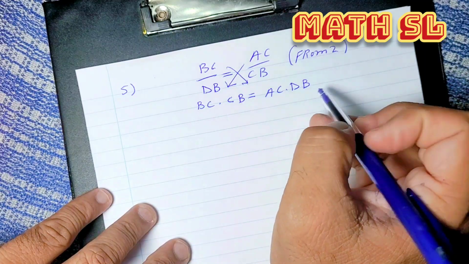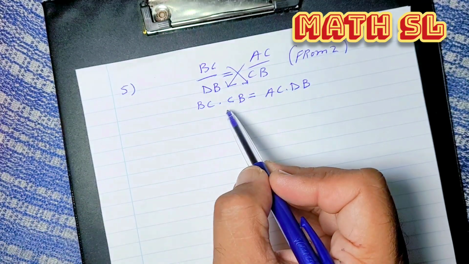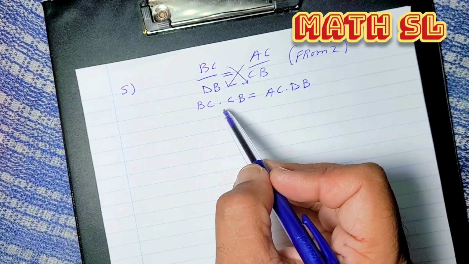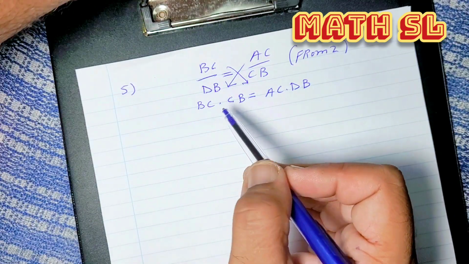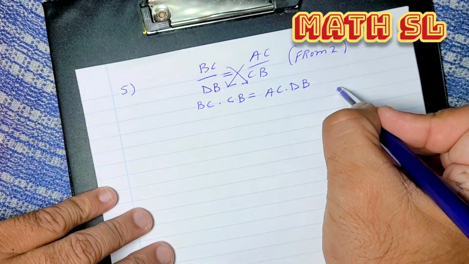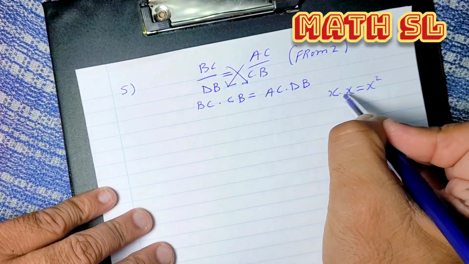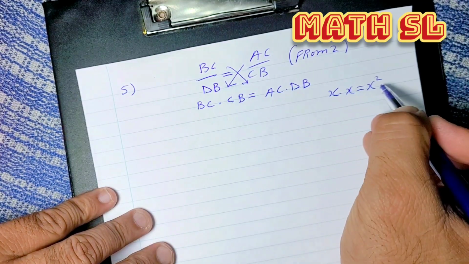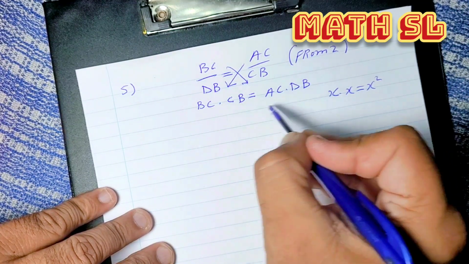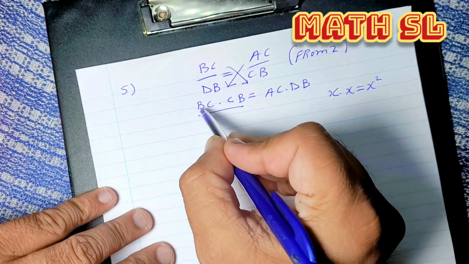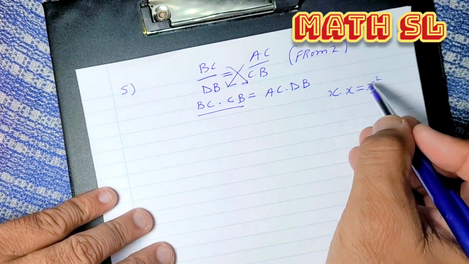Now remember, I can say BC square also, but the requirement is not BC square, because I can write x times x or x square, same thing. The requirement is this one, BC times BC. We don't need a square.